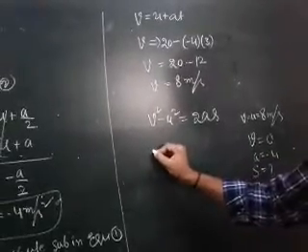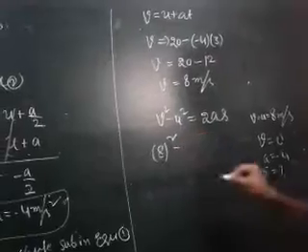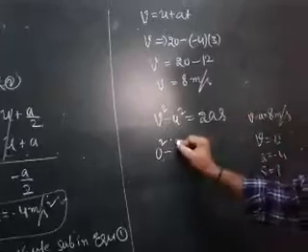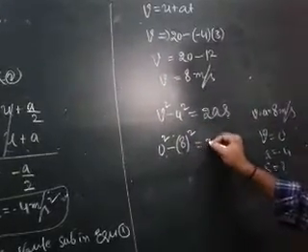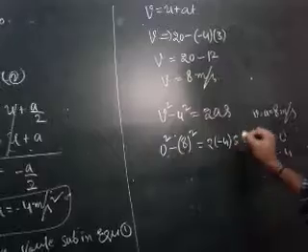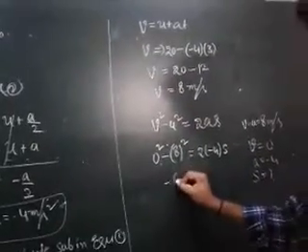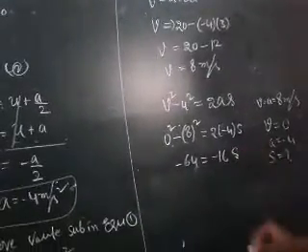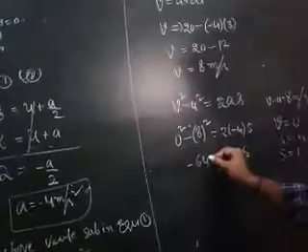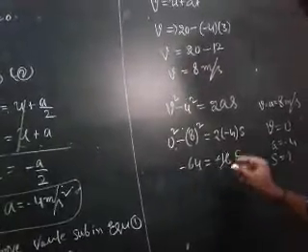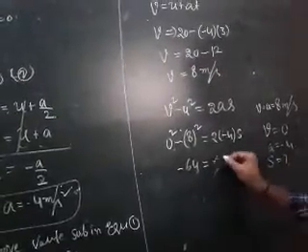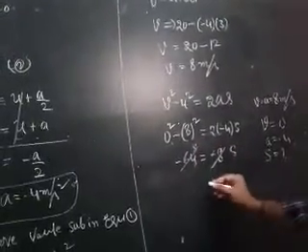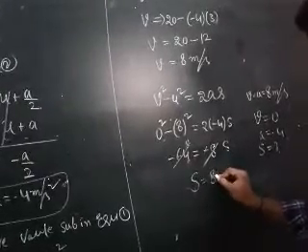Then 0 square minus 8 square is equal to minus 4 into s, so minus 64 is equal to minus 8s. So s is equal to 8 meters.